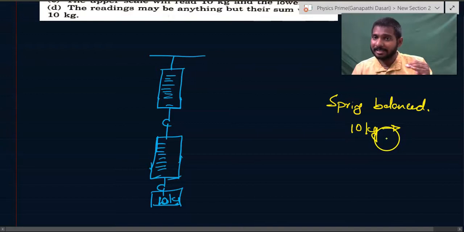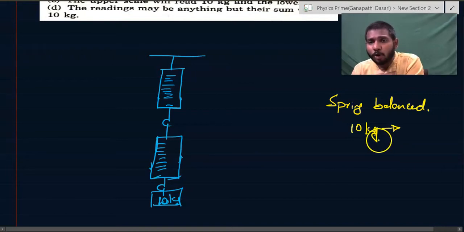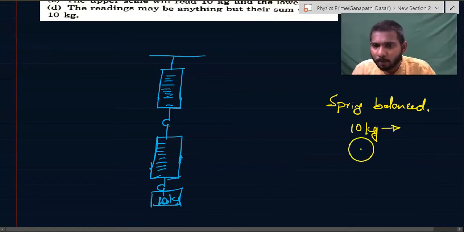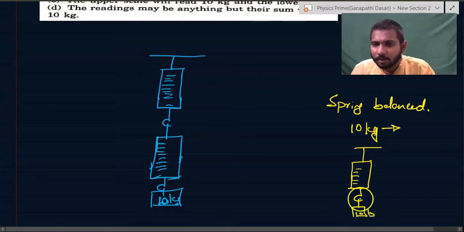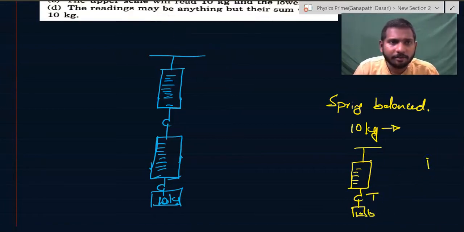In a common balance, we measure mass, but in a spring balance we measure weight, because it will give you the force with which gravity is pulling the block. Why? Suppose a spring balance is there and 10 kg is tied here. Here there will be a tension T exerted by this string. I'll try to draw the free body diagram.